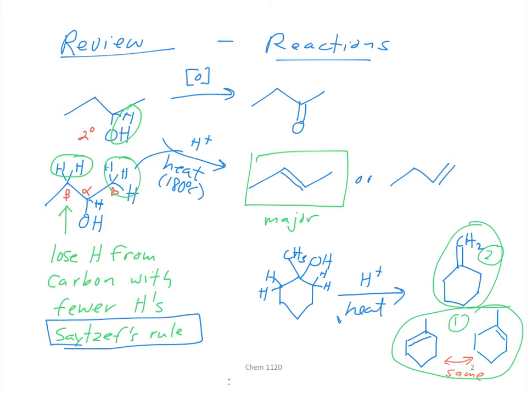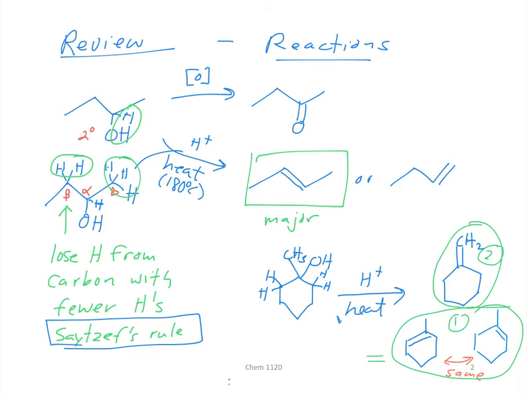How many people think number 2? What did we say is the determining factor? It bonds with the one that has the fewer hydrogens. Which one is that, 1 or 2? It's 1.